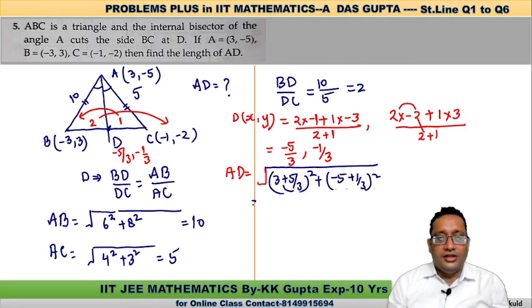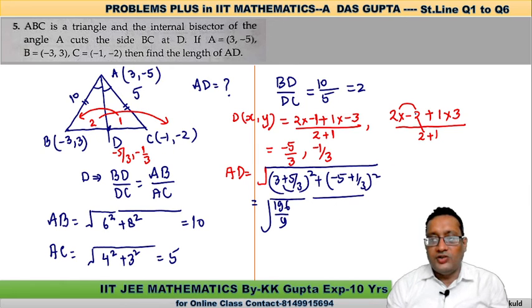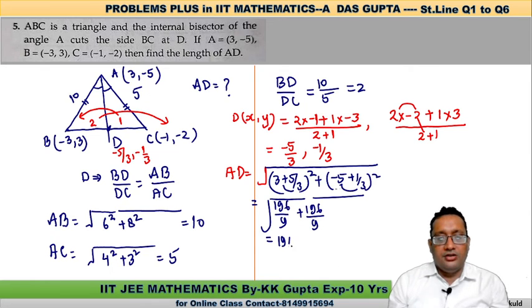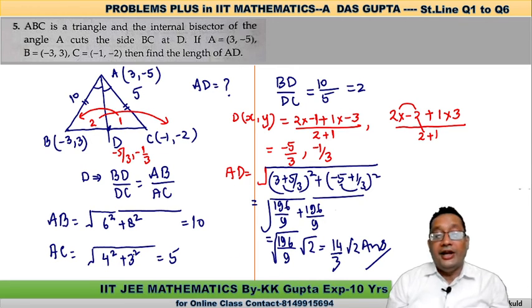This is 14 by 3, squared is 196 by 9, and again -5 plus 1 by 3 is -14 by 3, that is 196 by 9. Under root, 196 by 9 gives 14 by 3 outside, and this is root 2. So the length of AD will be 14 by 3 root 2.